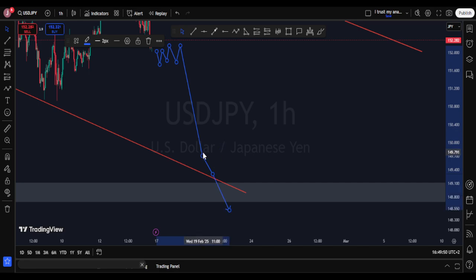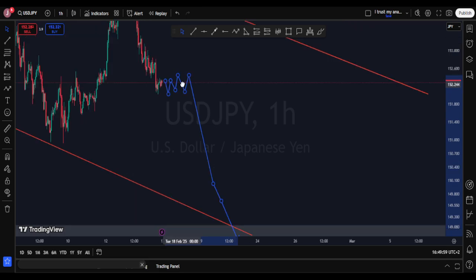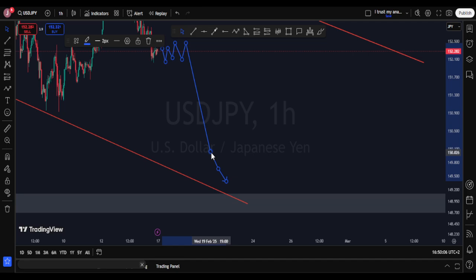I hope it's nice and straight. Okay, but you guys get the idea. This is what I am anticipating, ladies and gentlemen. So still looking for those sells and to the lows.